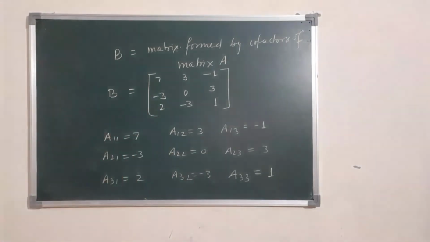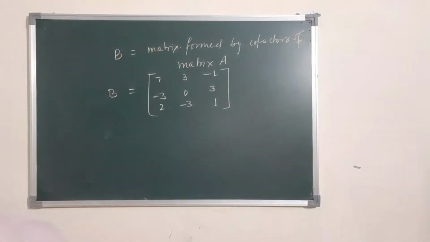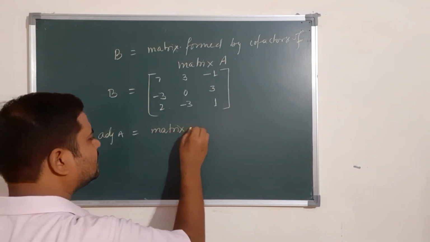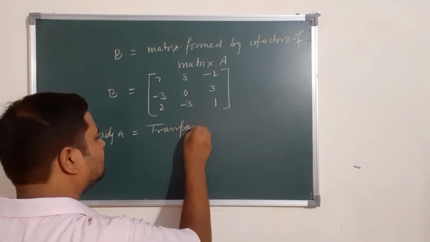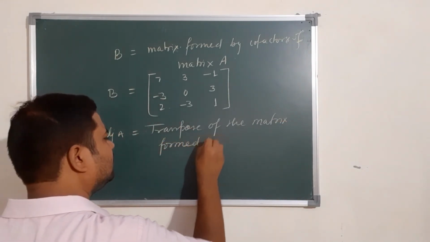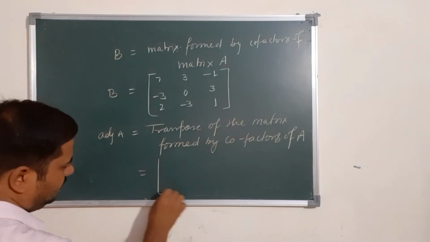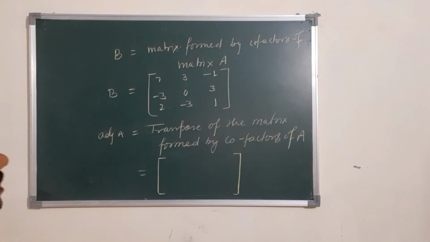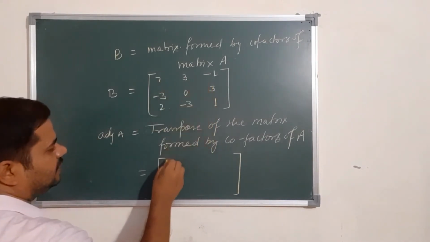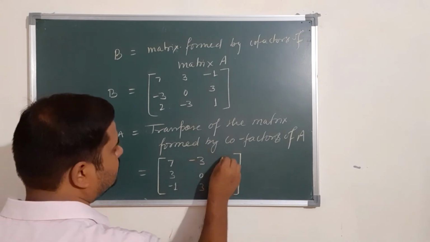Now we need to find the adjoint of A. Adjoint of A is nothing but the transpose of B. First we write the definition: adjoint of A is the transpose of the matrix formed by cofactors of A. Either we write it as the transpose or directly write the transpose. 7 3 minus 1 in a row becomes a column: 7 3 minus 1, minus 3 0 3, 2 minus 3.